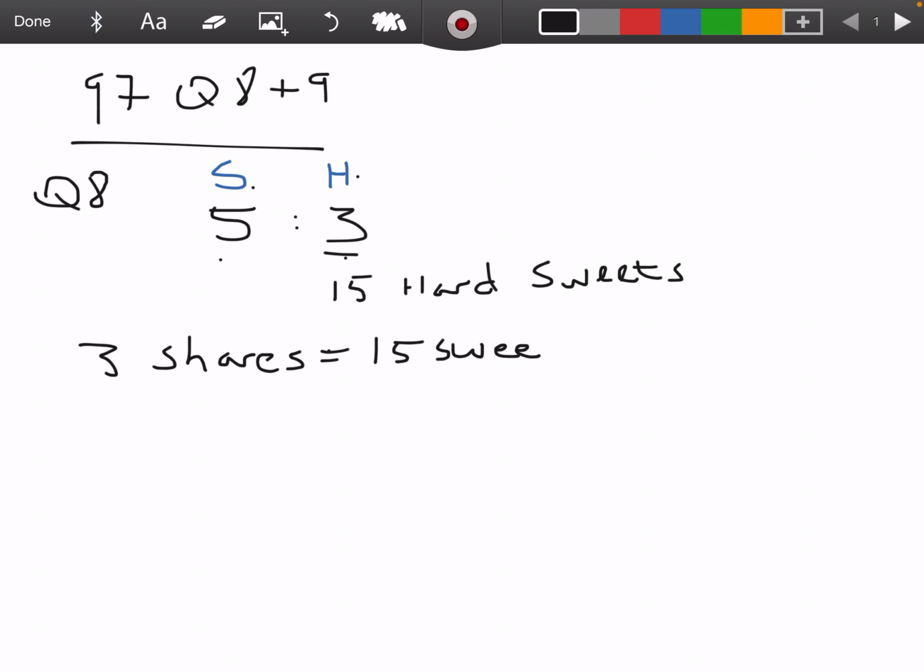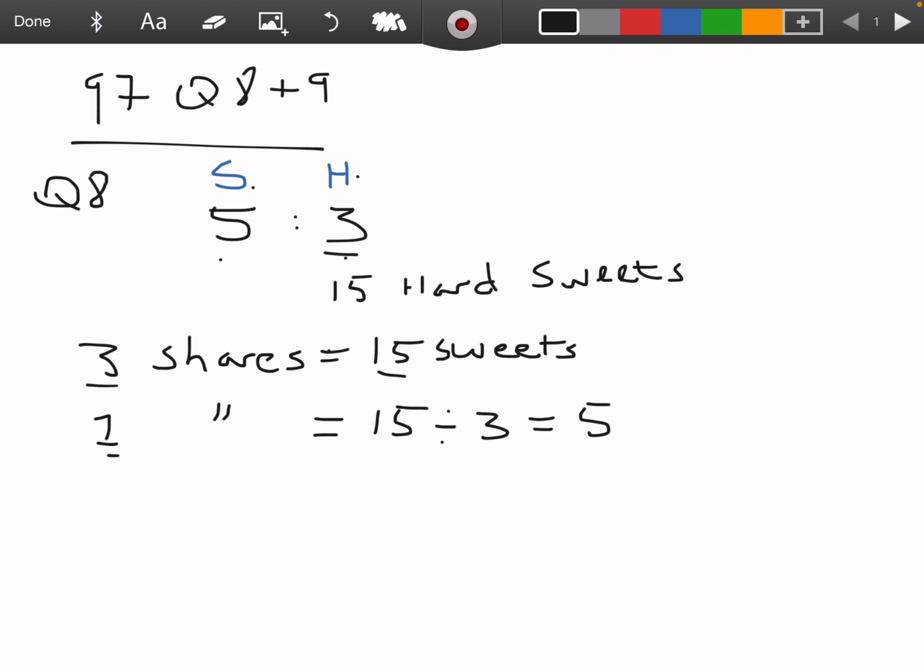If I figure out what 1 share is, I can do everything I need to do. So if 3 shares are 15, then 1 share has to be 15 divided by 3, which is 5.